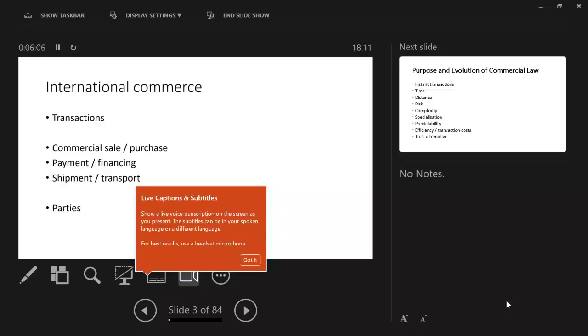And as we've seen, the necessary pieces are really the sale and purchase and the payment. There may or may not be shipping or transport involved. There may or may not be financing involved. But very frequently, there is shipment and transport. Very frequently, there is financing involved as well.